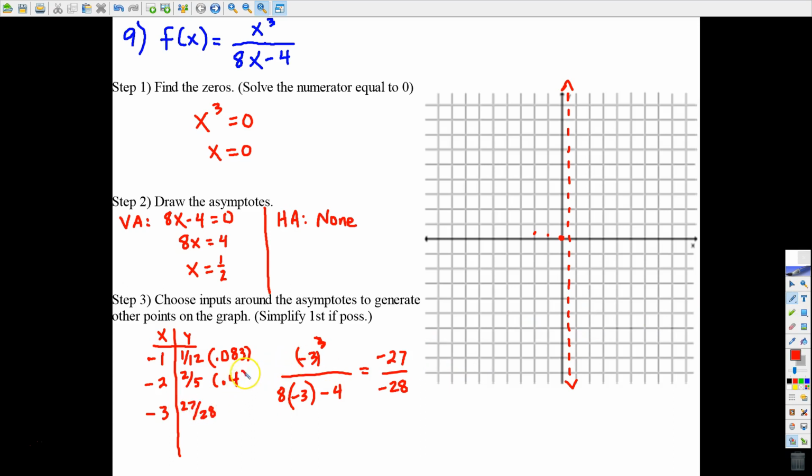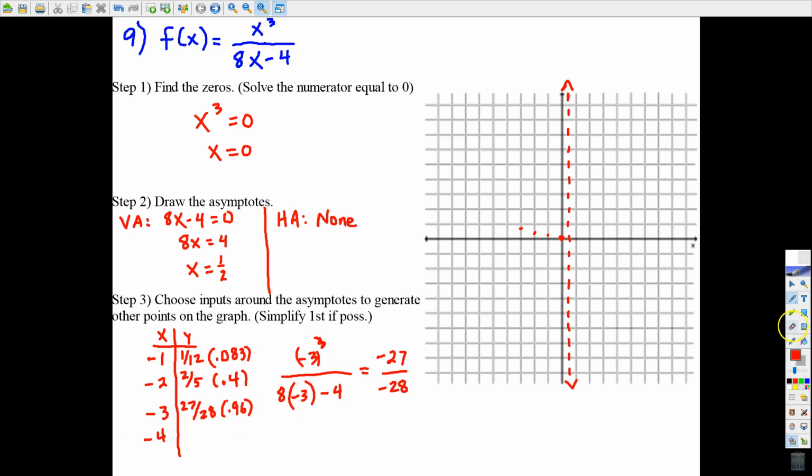And if you want the decimal form of that, we can do 27 divided by 28, and that's 0.96. So you can see we're almost at 1 here. So I'm pretty confident that this particular graph, as x approaches -infinity, the y, or f of x, is approaching positive infinity. So if you want assurance, you could do one more.